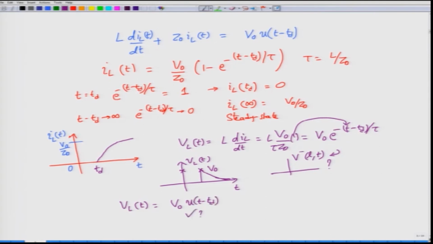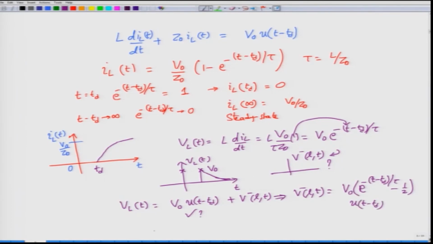I hope you remember this. It is V plus plus V minus of L comma t. So solving this equation, you obtain for the reflected voltage V0 times [e to the power minus (t minus Td) by tau minus half] times u(t minus Td).